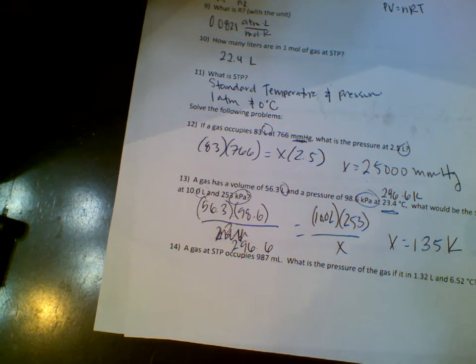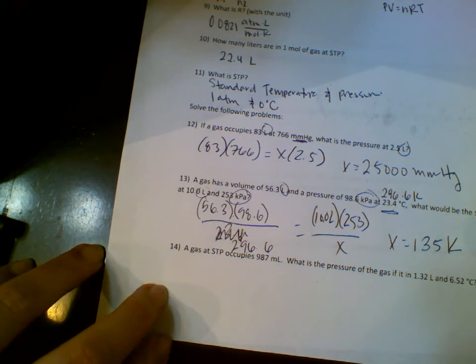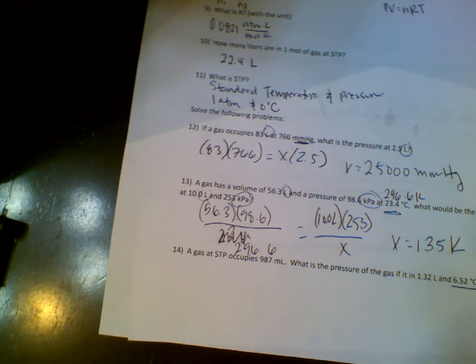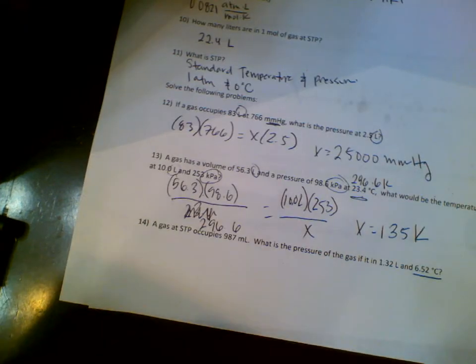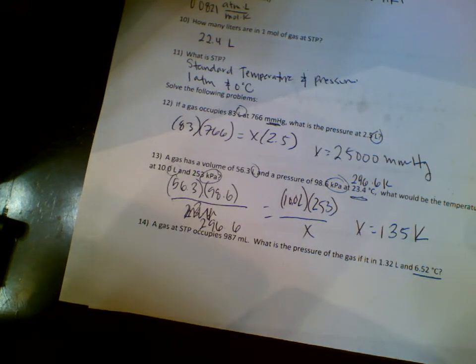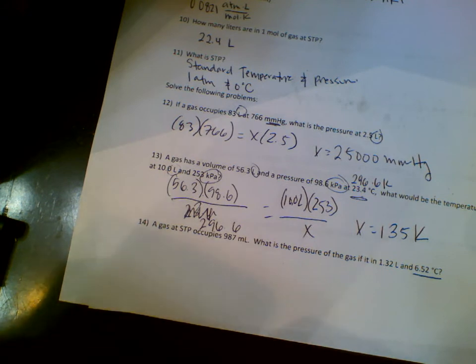Okay, so this is another combined gas law because we have a pressure, temperature, and volume, and we're finding a pressure with a new volume and temperature. So again, I'm going to have to change my temperature to Kelvin. So 6.52 plus 273.15.